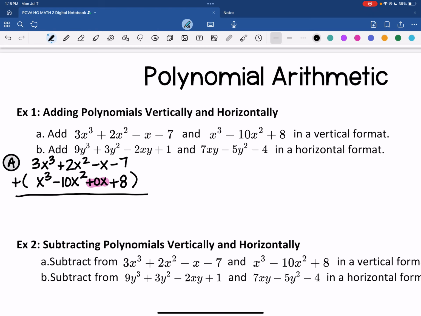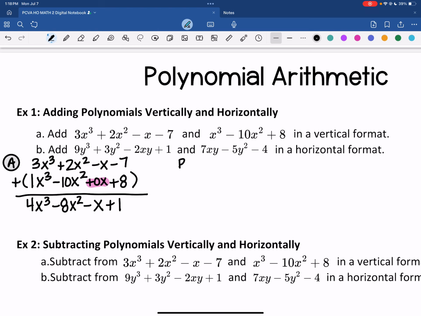Once we do that, we're just going to go column by column: the cubes, the squareds, the single x's, and then the constant, and we're going to add those together. Technically that's a 1, so this is going to turn into 4x cubed. Then we have negative 2 and negative 10, so that's going to be minus 8x squared. Then we have negative 1 and 0, so that's just minus 1x, or minus x. And then negative 7 and 8 is going to be plus 1.